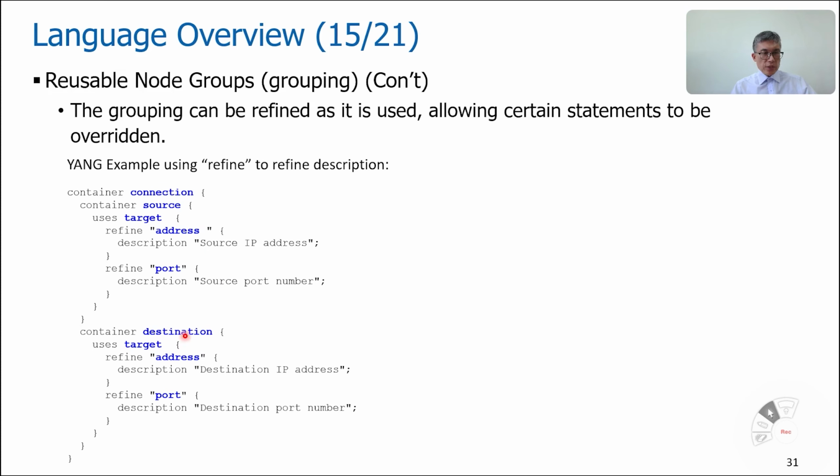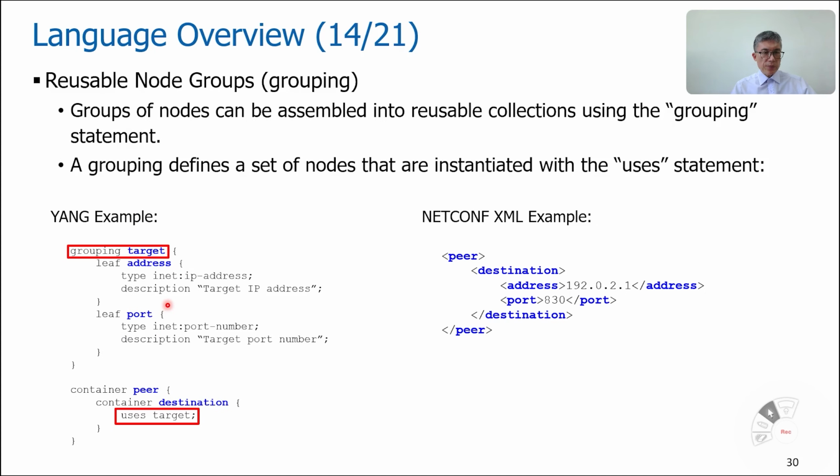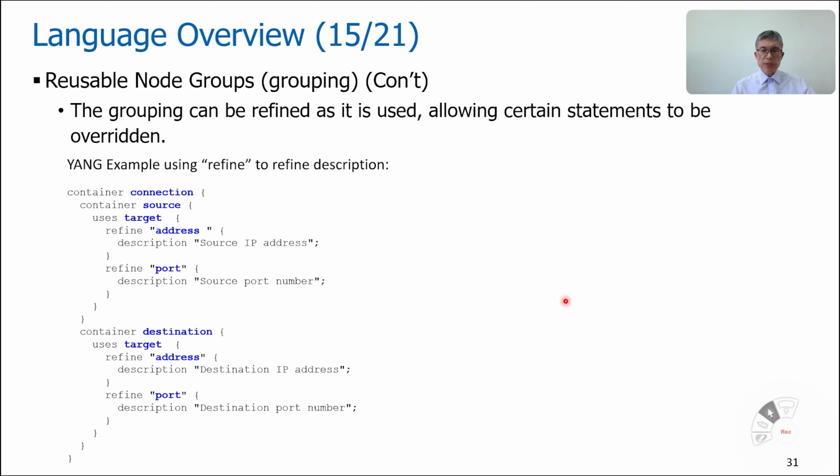Also the destination target case, using refine address and port. The description can be updated like this. Previously it was just the target IP address, the target port number, so we can update it like this.